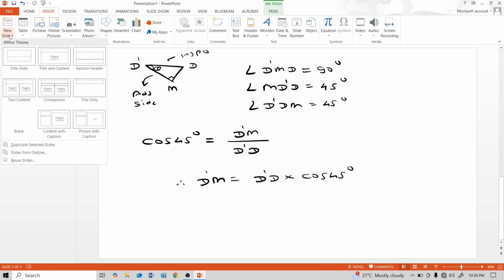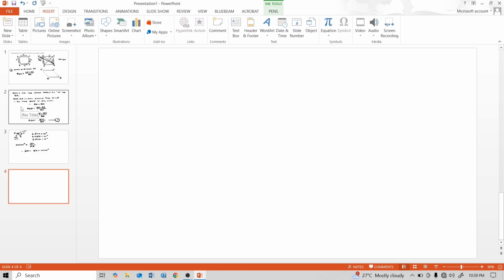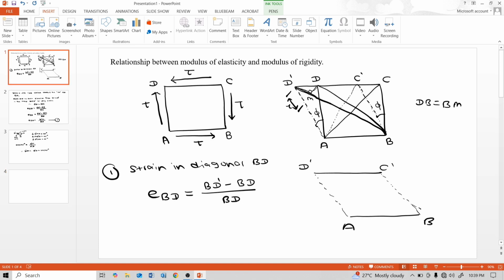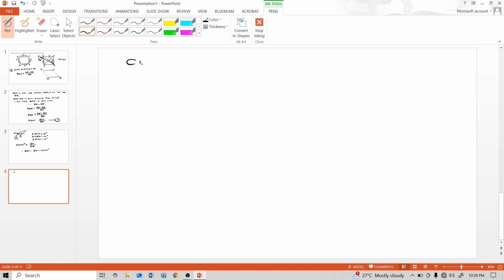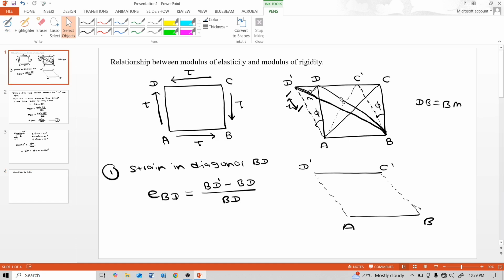Next, consider ABD. This ABD is a right angle triangle.